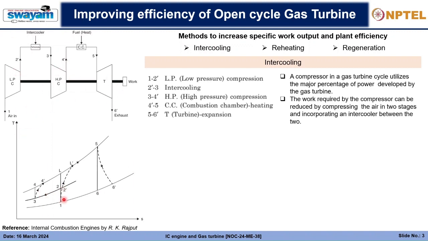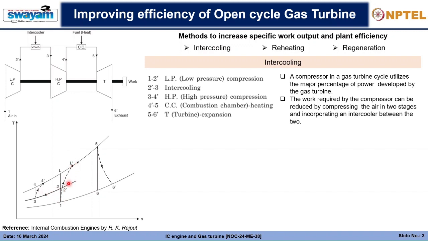This is the inlet condition 1. If there would have been no intercooling, then we would have directly gone from low pressure to higher pressure by this process 1 to L dash.